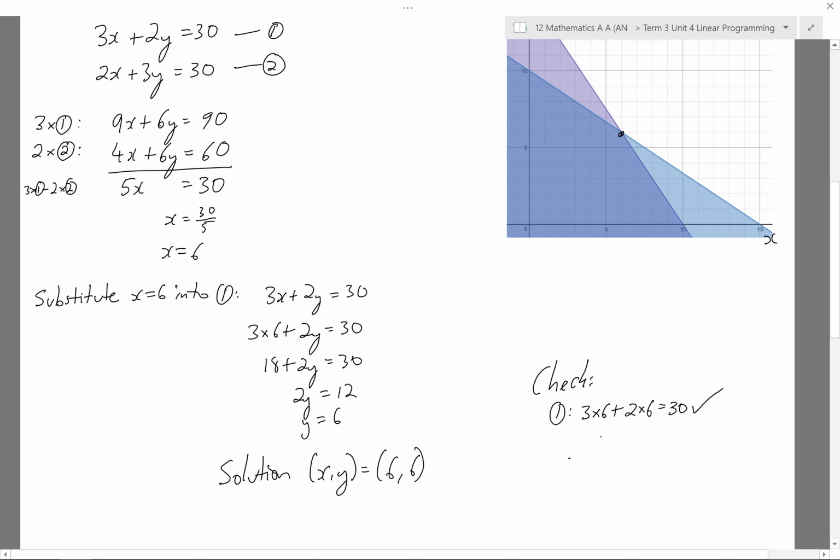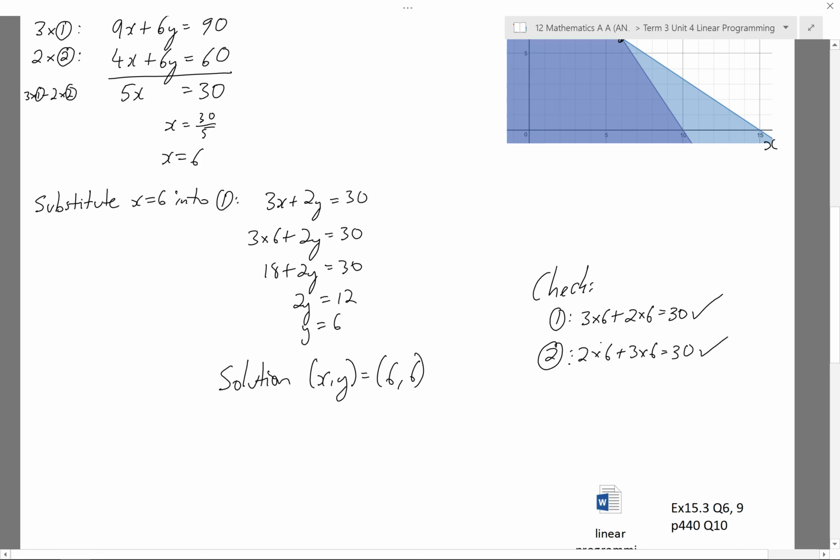Sounds good to me. And checking in equation 2, 2 times 6 plus 3 times 6, is that equal to 30? 12 plus 18, yep, that's also 30, all good. So my solution is correct.